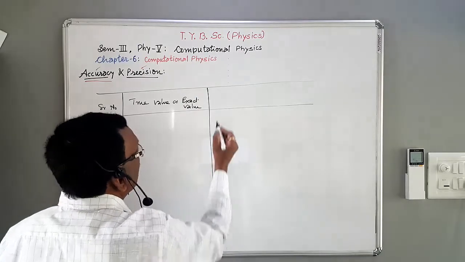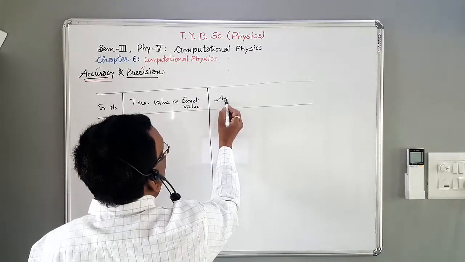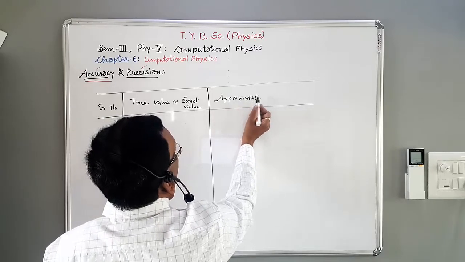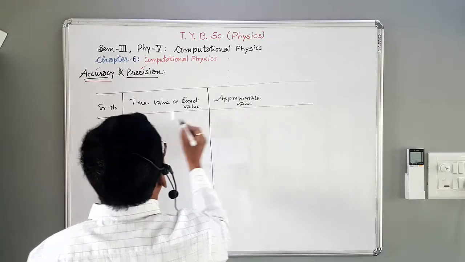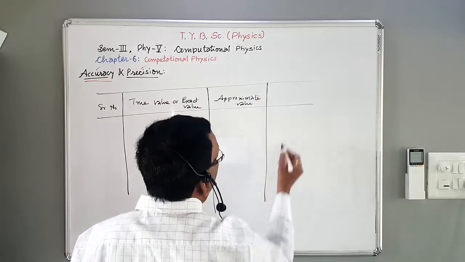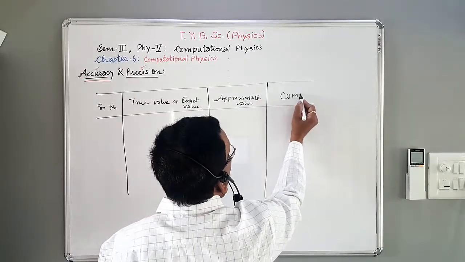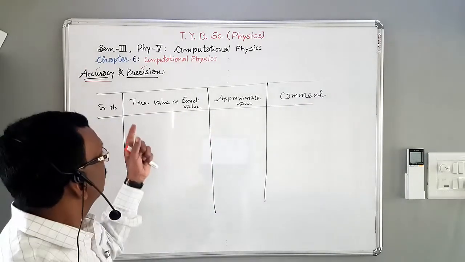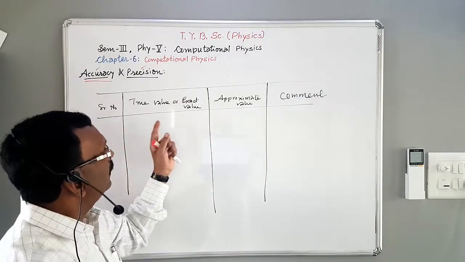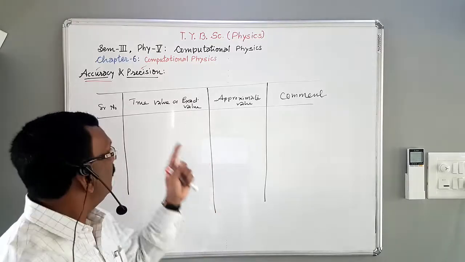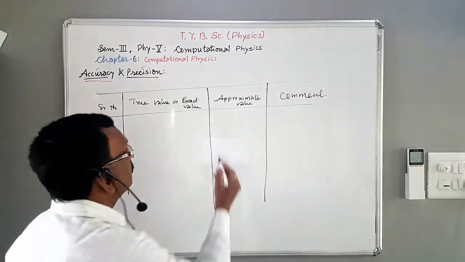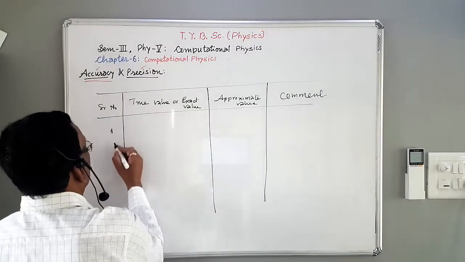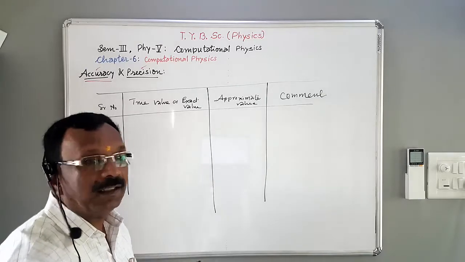And the second column represents approximate value. By comparing these two values, we can make a comment on the comparison between true value and approximate value, or exact value and approximate value.